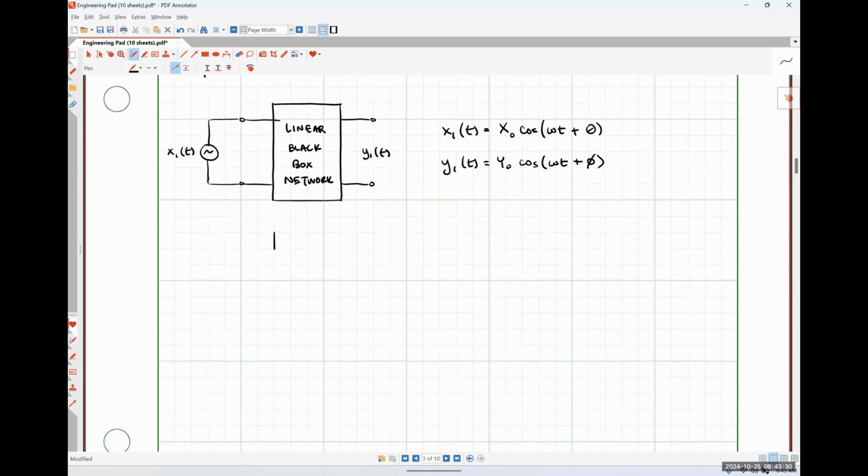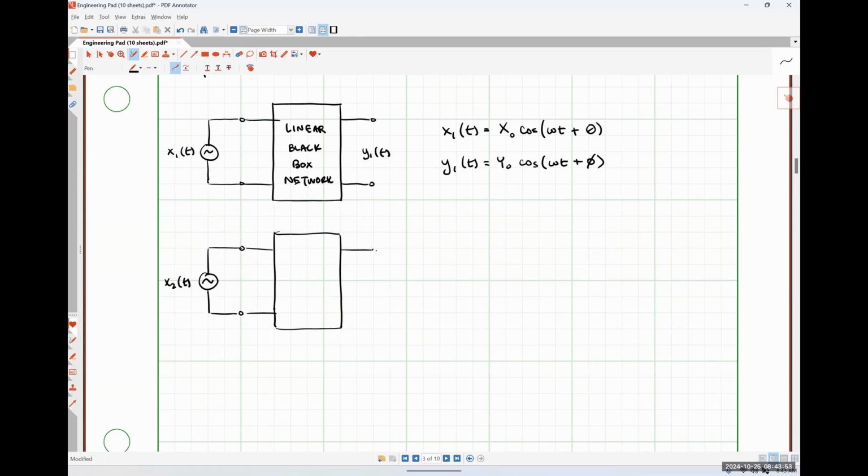Let's say that I take that exact same linear black box network and I excite it sinusoidally as well with a signal x2 of t.